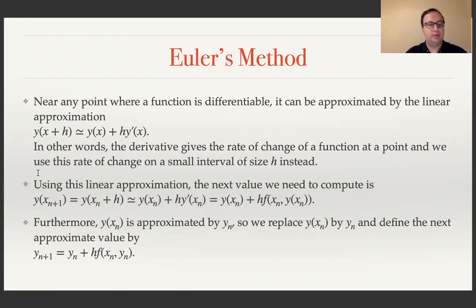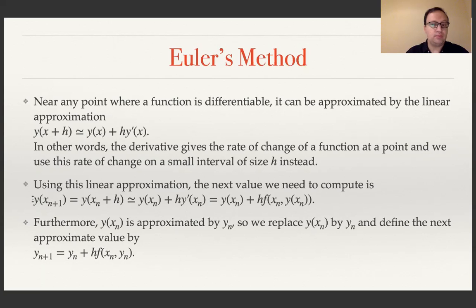And in our case, the derivative of the solution y of x is given by the ordinary differential equation. So y prime of x is, as I said on the previous slide, some function of x and y.